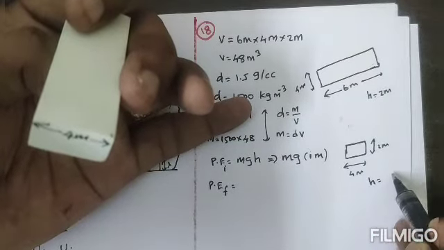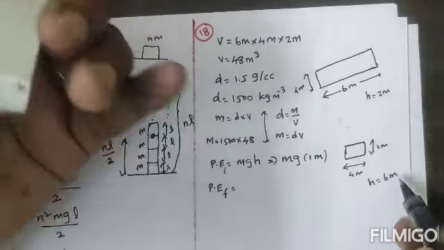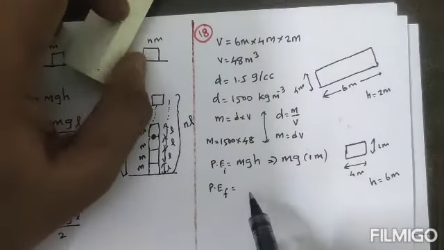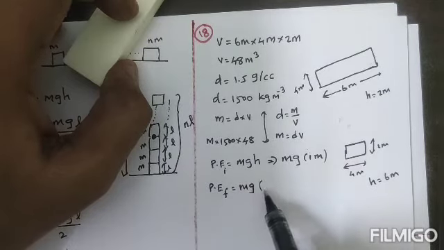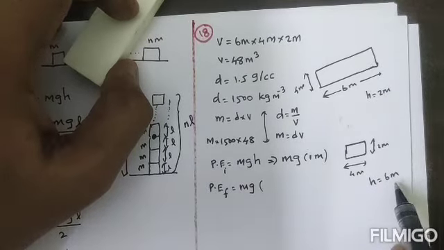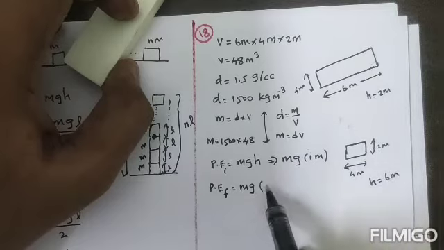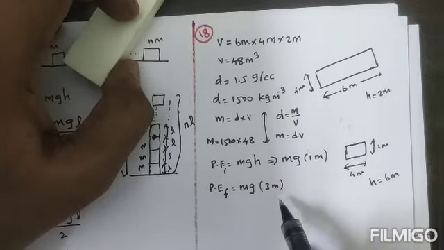The height is now 6 meter. Same mass, same gravity, but the center of gravity is half the height, so it is 3 meter.